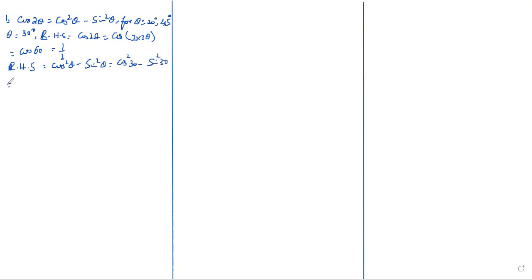Cosine 30 is root 3 over 2, squared, minus 1 over 2 squared. So this equals 3 over 4 minus 1 over 4, which is 3 minus 1, 2 over 4, which equals 1 over 2. So the left hand side equals the right hand side. It is proved.